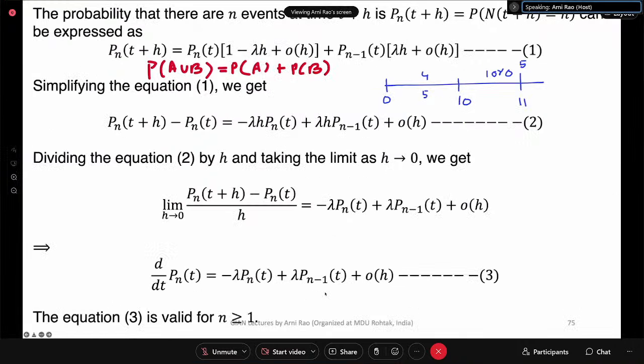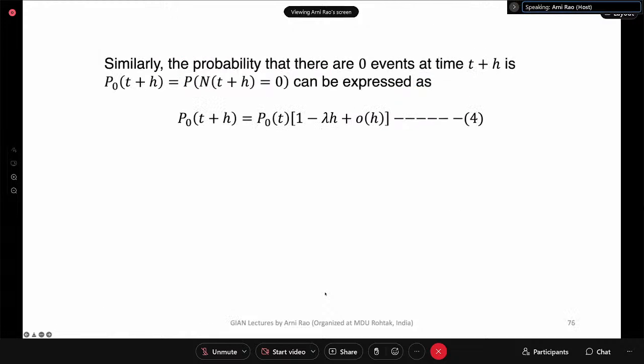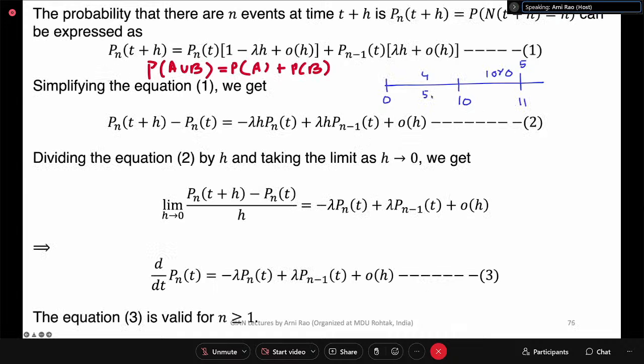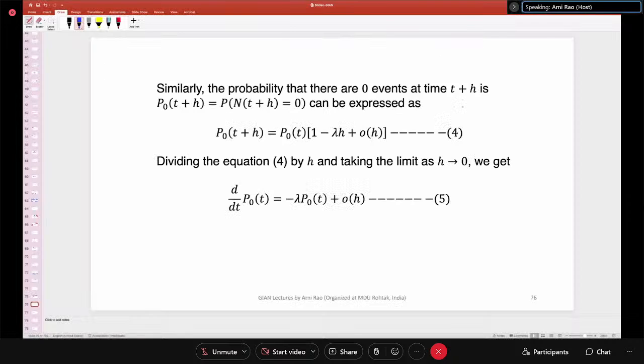For 0 events, let us see. If the number of events is 0 up to time t plus h, that is p0(t plus h), that means there are 0 events up to time t and no event in the interval. Let me draw again. So this is t, this is t plus h.